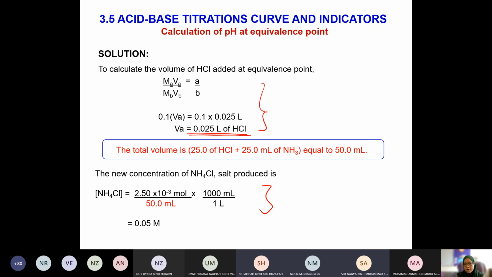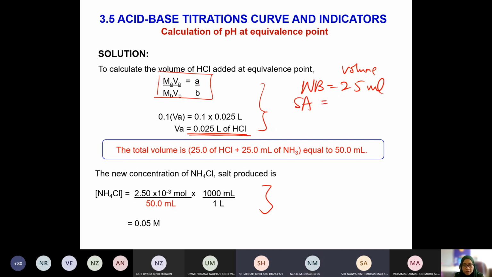Okay, bila volume berubah, of course the concentration will also be changed. So the mission now is to find the volume. Okay, so we have the volume of the weak base just now. The weak base, the volume is 25 ml. Okay, so we have to use this formula in order to find the volume of the acid, strong acid.